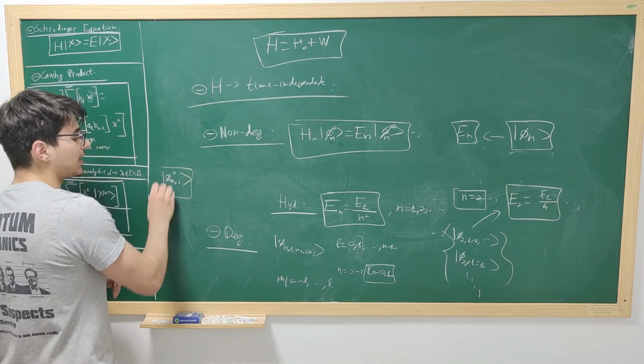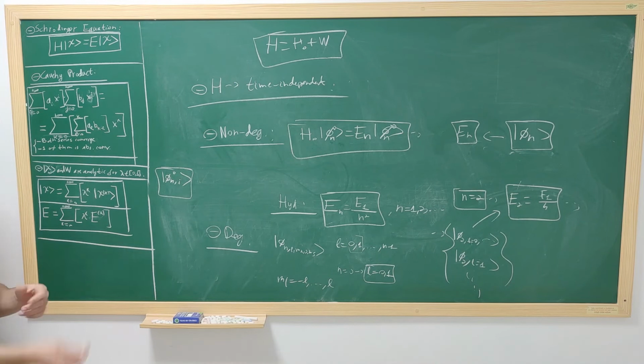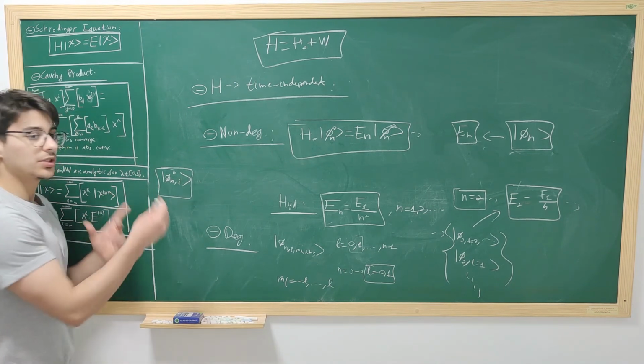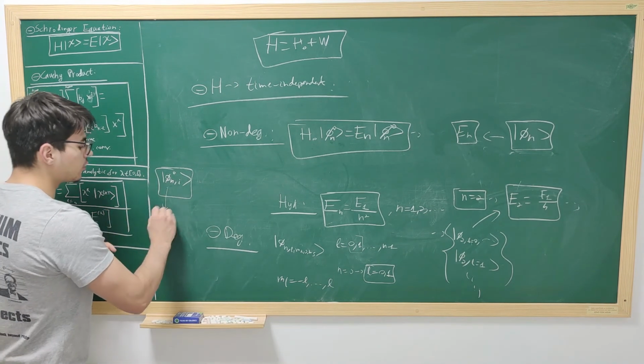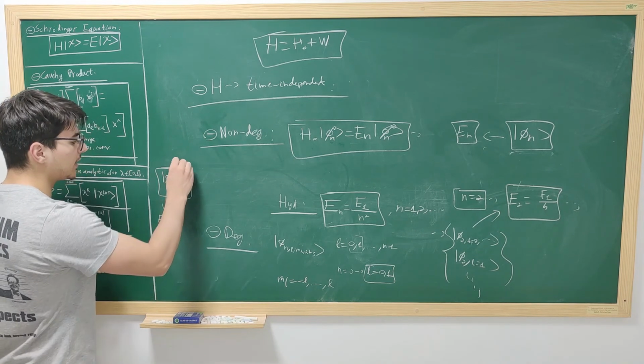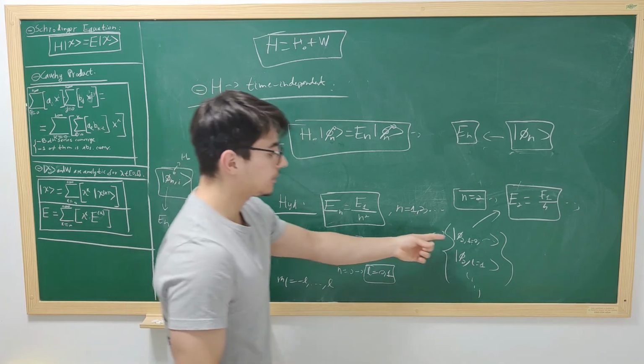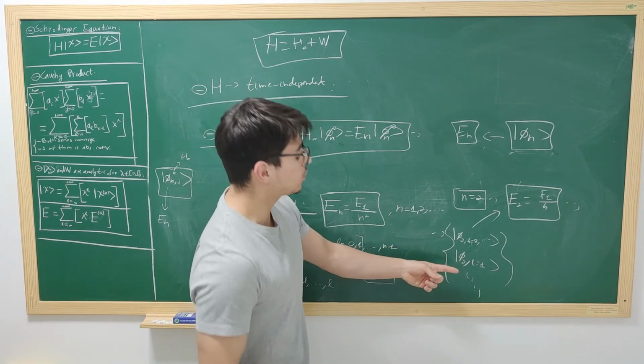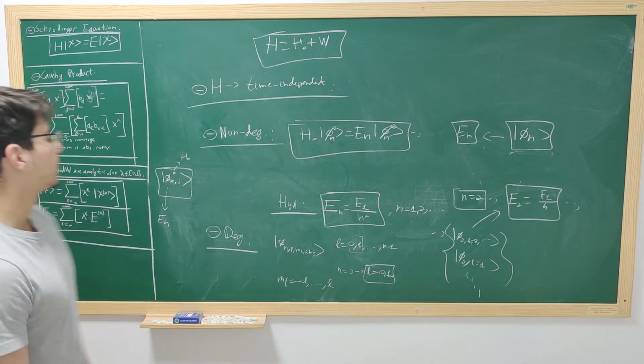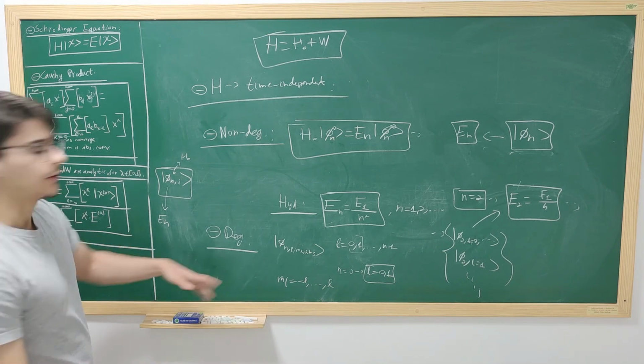And this i just stands for the different eigenstates with the same energy. As we said before, n corresponds to the nth energy, this 0 corresponds to H naught, and this i just means that maybe we're dealing with this one, or this one, or this one, and so on. So this would be just for the general perturbation theory.